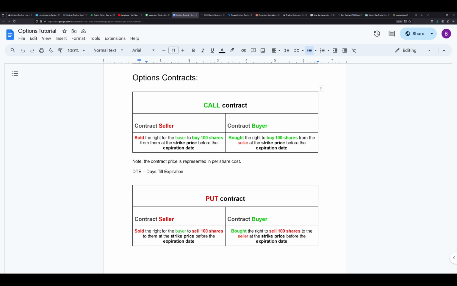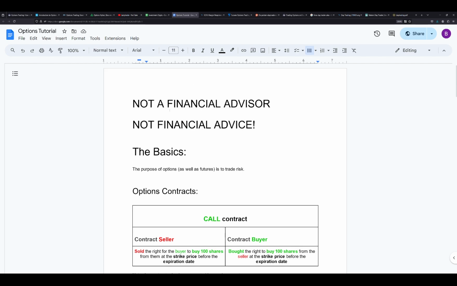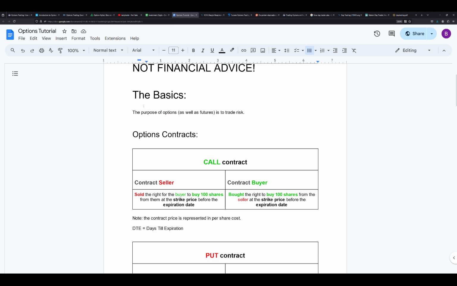All right. So I'll put this out as homework then. If you just keep track of the options tutorial document, what I would like is for you to try going through each part of this one step at a time until you reach a snag. Say you're at a call contract and you need some clarification.